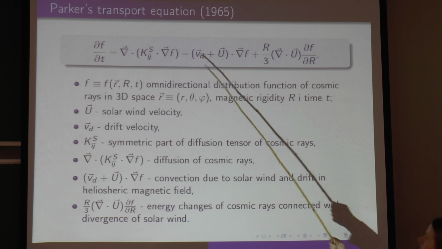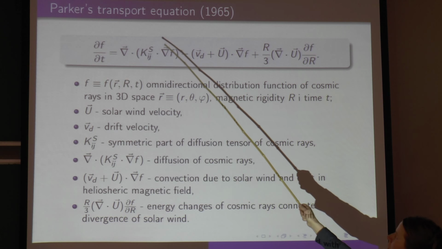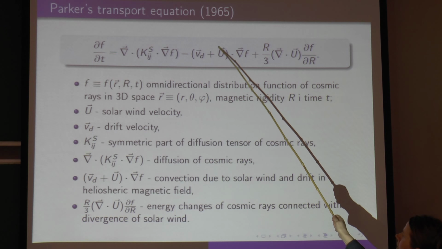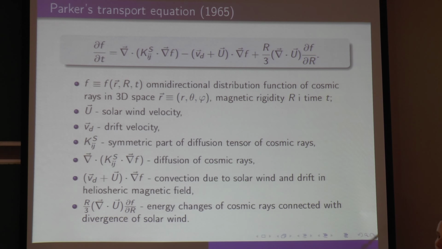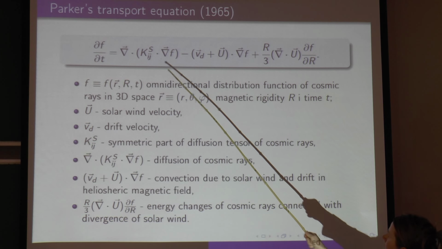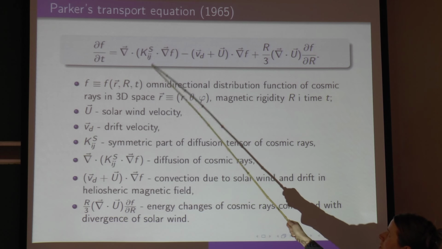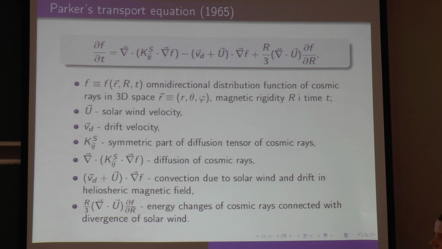The first part of this equation is the diffusion. This is the convection and the drift. But the components Kij must be somehow summed over. This is the diffusion convection approximation. But Kij is a matrix.